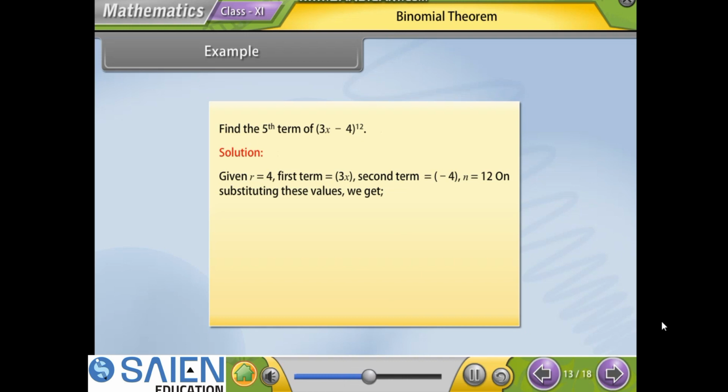On substituting these values, we get T5 is equal to 12C4 into 3x raised to the power 8 into minus 4 raised to the power 4. On solving, we get 8314099920 into x raised to power 8.